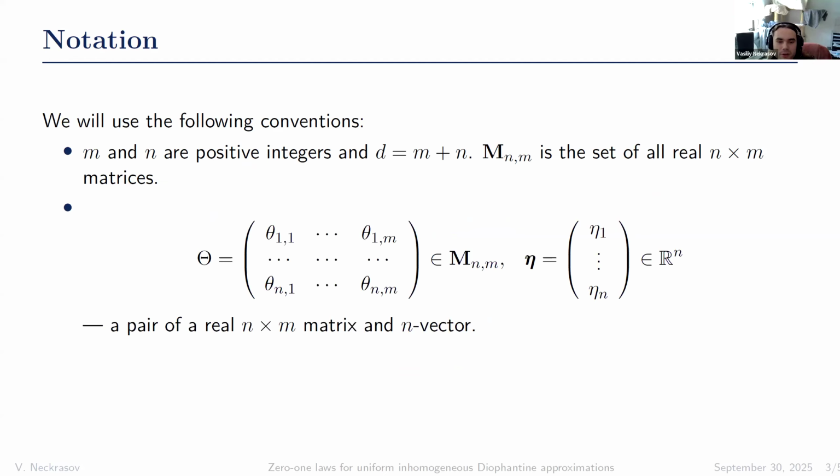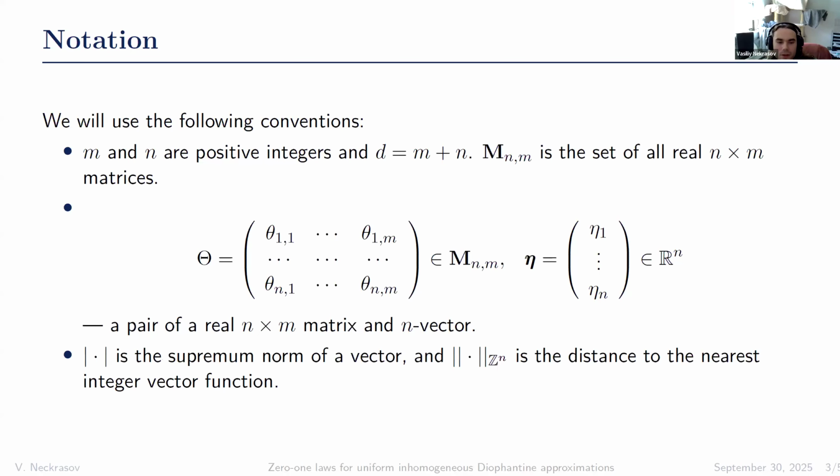Matrices will always be called theta, and the entries of matrices will be called theta sub ij. And eta will always be an n-dimensional real vector. I will often refer to it as a shift vector, but generally it's just an n-dimensional vector.